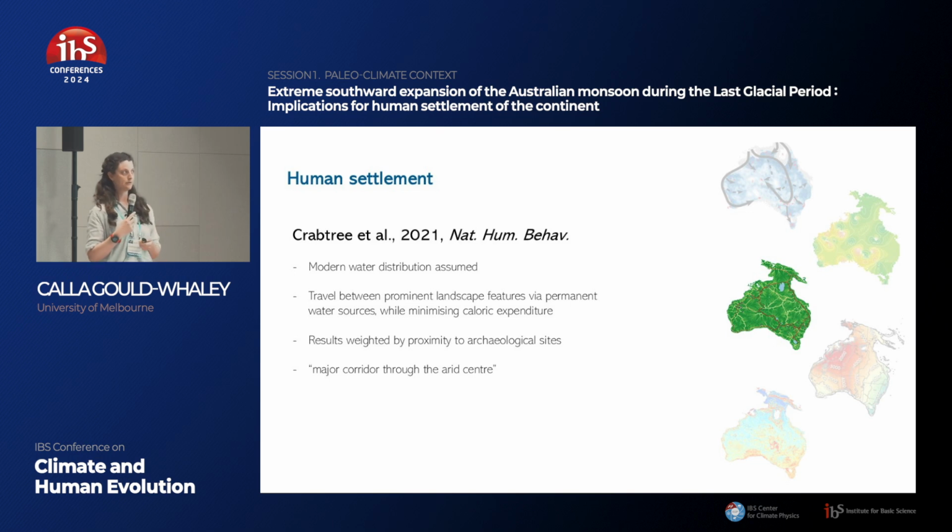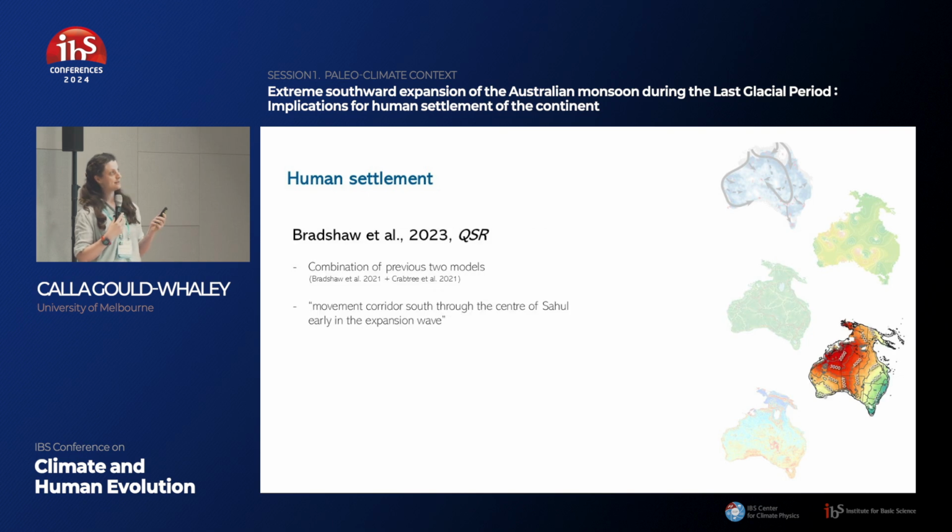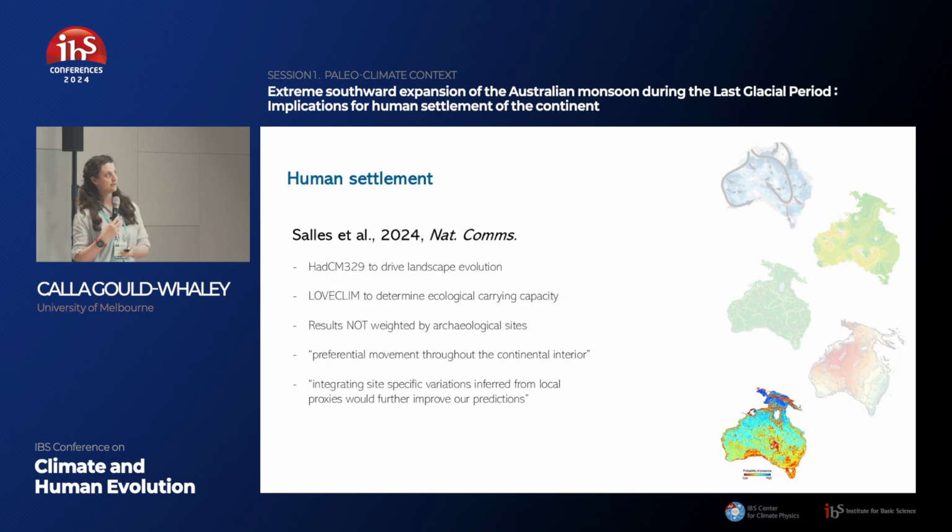But they also weighted their results by their proximity to archaeological sites. But they still found a major corridor through the arid centre. So this one is a combination of the two previous ones, and they again found a major corridor of movement through the arid centre. And then most recently, Salas et al.